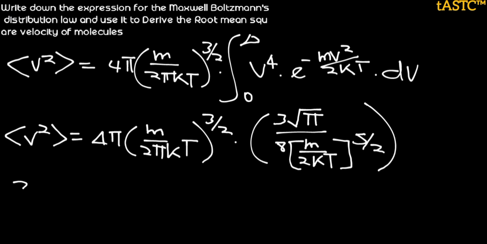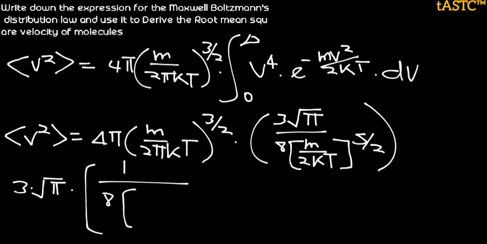Here we got 3 multiplied by root pi, multiplied by 1 divided by 8, and this will be multiplied by m to the 5 halves, divided by 2 multiplied by k multiplied by t, all raised to the power of 5 halves.